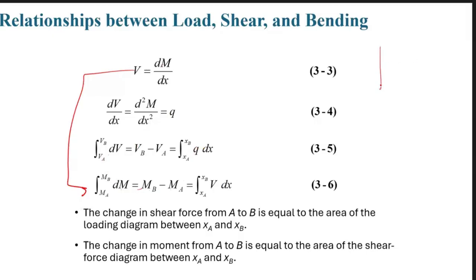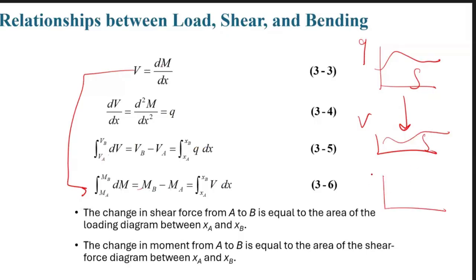So if we have the distributed load curve, the integral of that gives us the shear diagram. The integral of that gives us the moment diagram. We will talk about that in detail in the next videos, how we find that using singularity functions, finding the distributed load and vice versa.